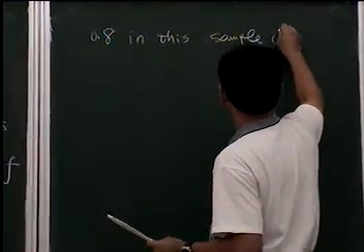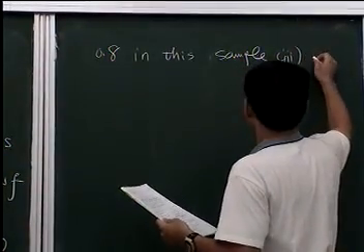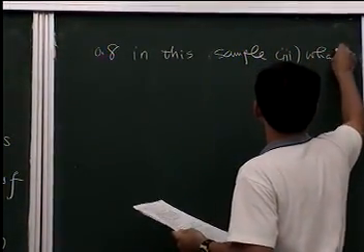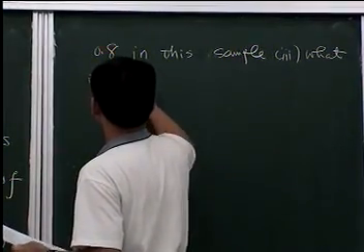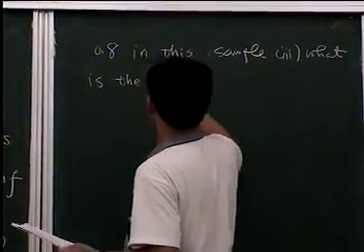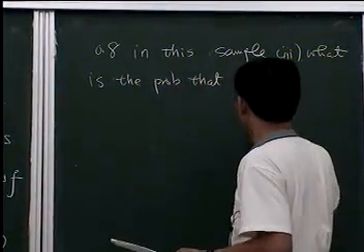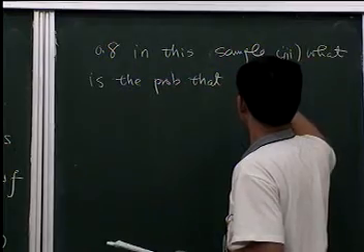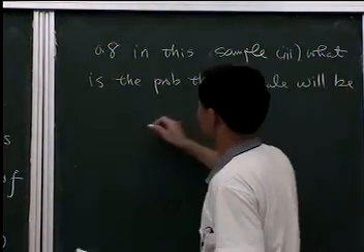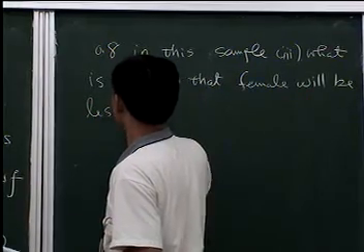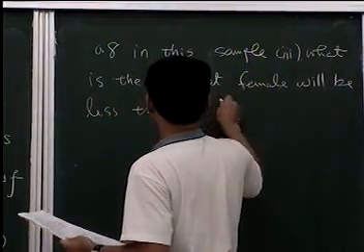And the third one, what is the probability that the proportion of female will be less than 60%.